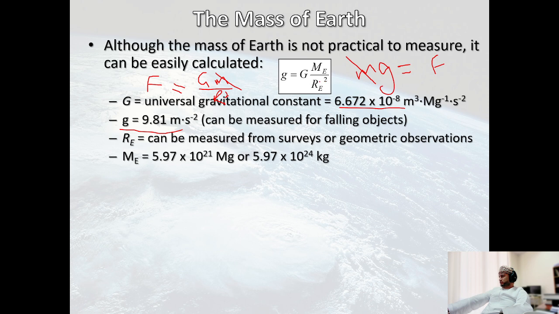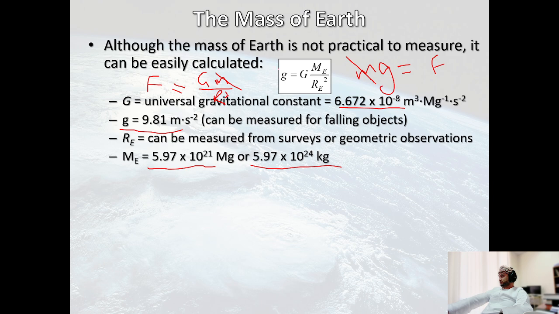We know the radius of the Earth. We assume that we know it. Right now we know it very precisely because of satellite data and so on. We can calculate or estimate the total mass of the Earth. And it's a very large number, in megagrams. And if we convert it to kilograms, this is the value.